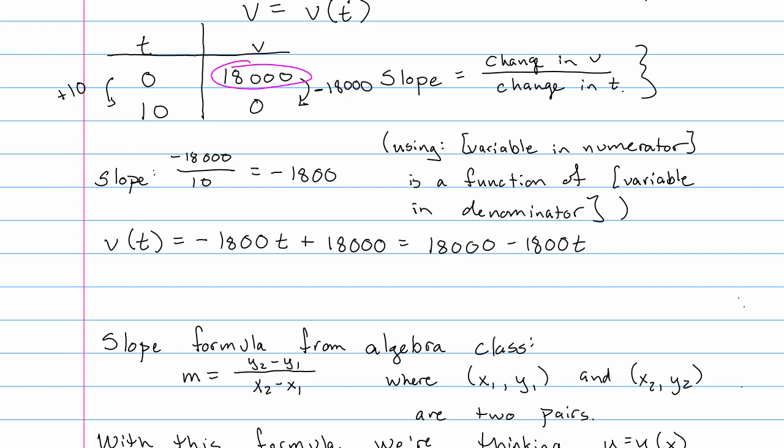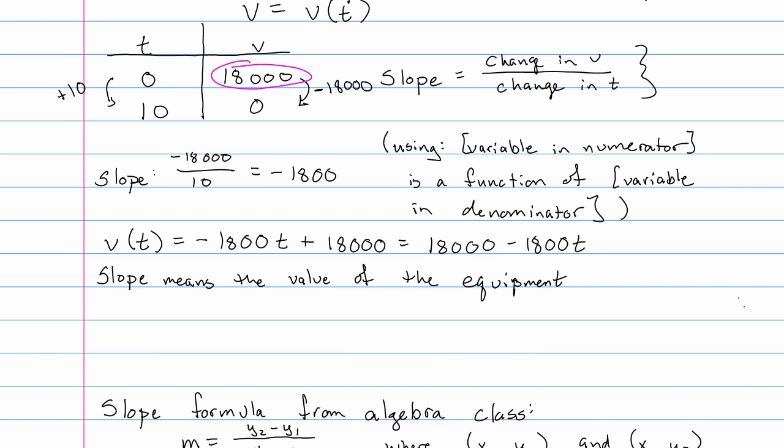Now this problem also asked us to say, what does that slope mean? In this example, the slope means that the value of the piece of equipment changes at that rate. So the slope is negative, so the value is decreasing. By how much?